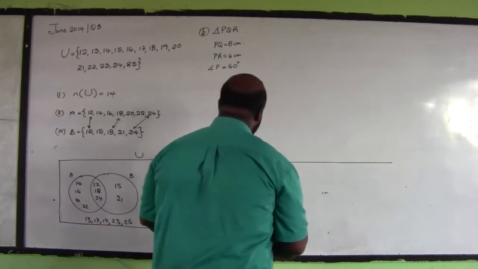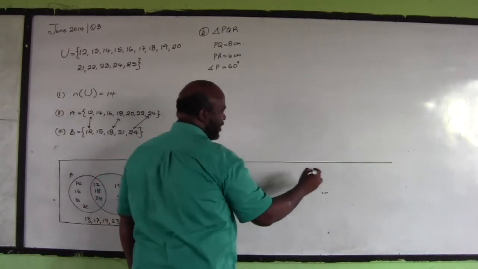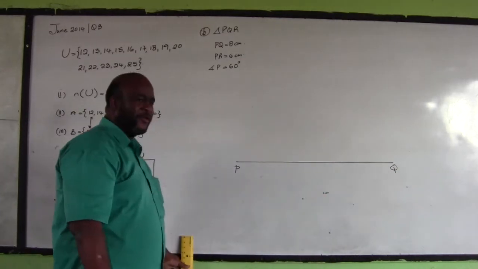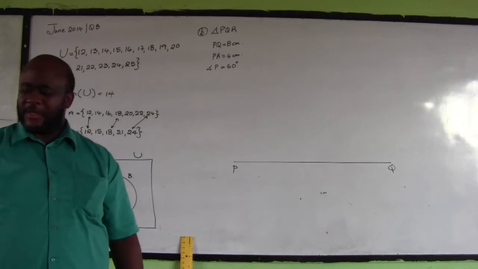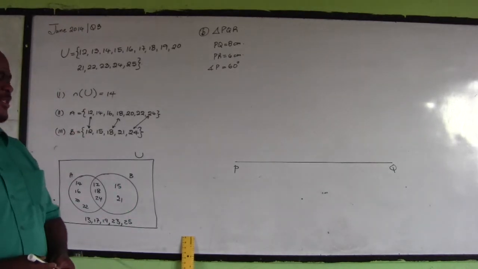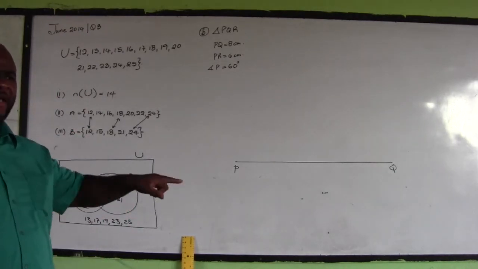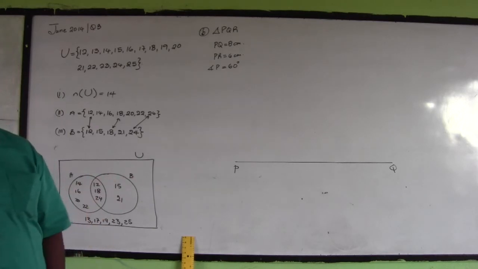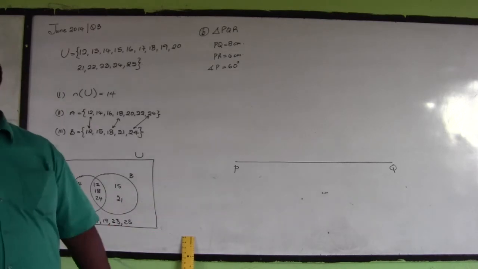So this is P and this is Q. We have to draw the line with a pencil. That's the line PQ. There's another way you could have done it. You could have just drawn a line and then used something to mark off. But fine, I draw my line PQ.